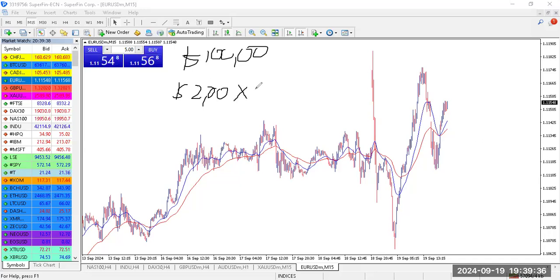So that's times 3. Now, what's the risk reward ratio there? 1 to 3.